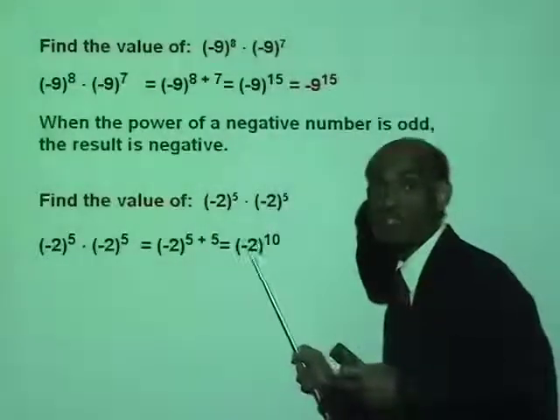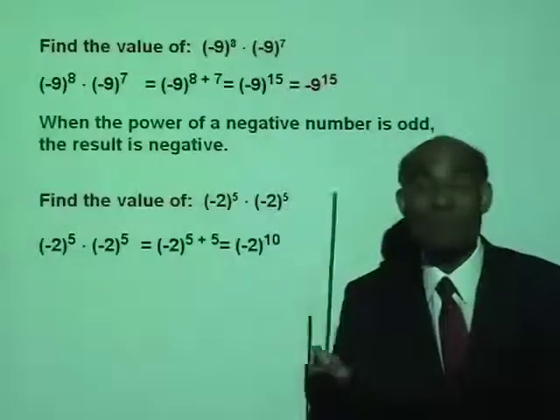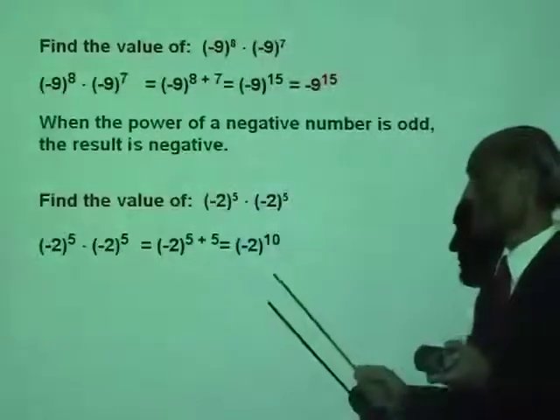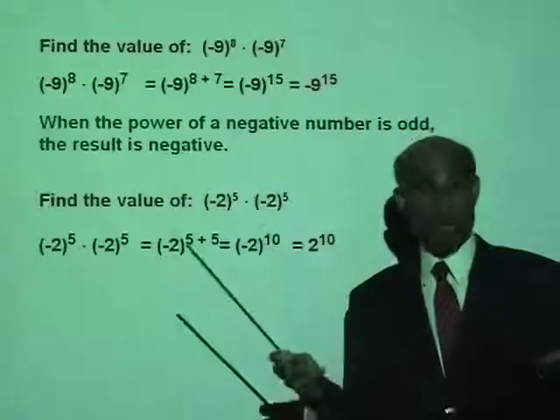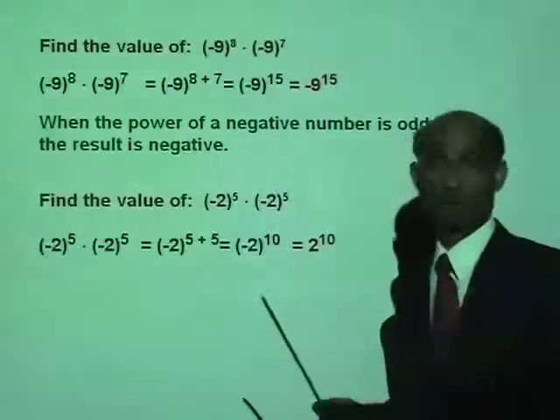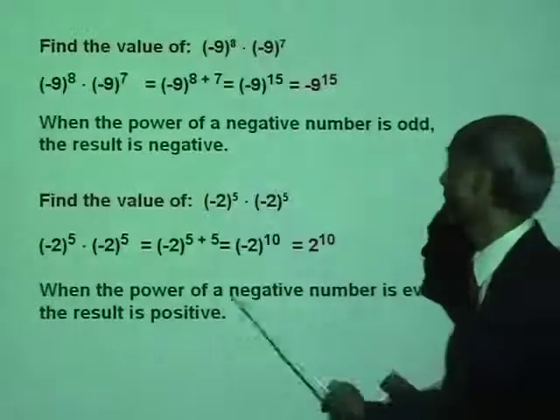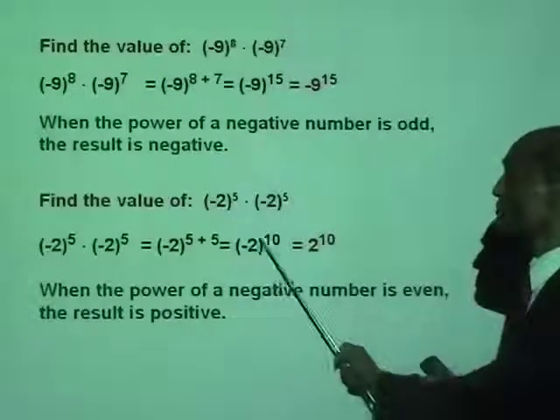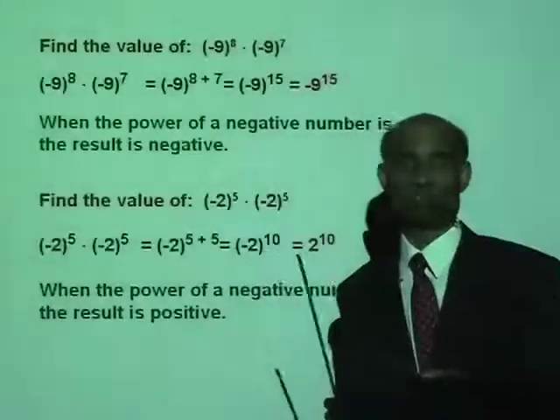A negative number raised to an even number: the result will be positive. So how will I write it? That will be 2 to the power of 10. That will be positive. Okay? When the power of a negative number is even, like this, negative 2 to the power of 10, the result will be positive.